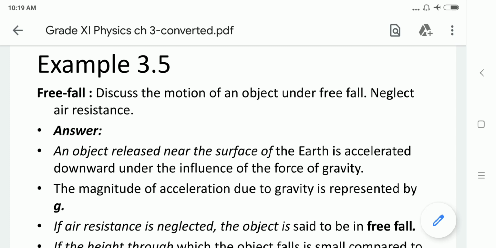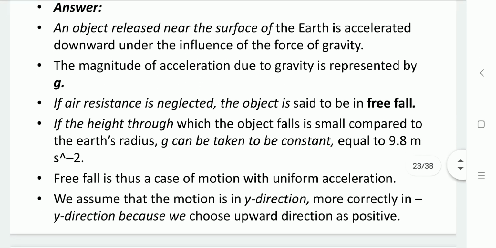Here we take acceleration due to gravity as a constant value, since the height is small compared to the Earth's radius R. That value of g, acceleration due to gravity, is equal to 9.8 meter per second square.